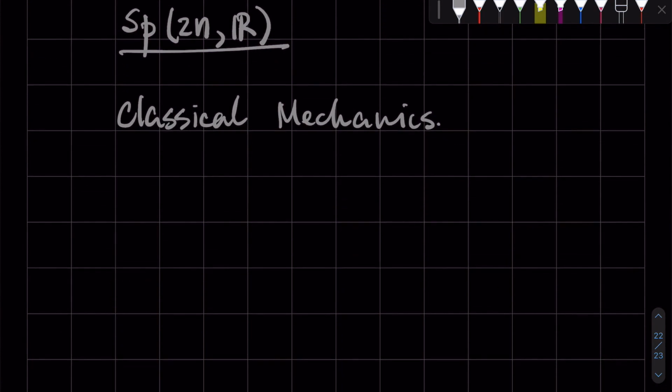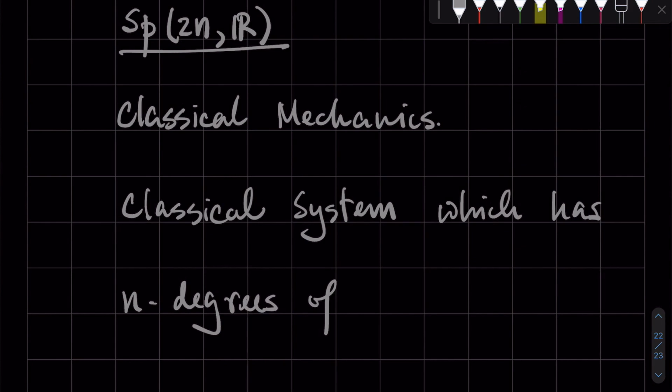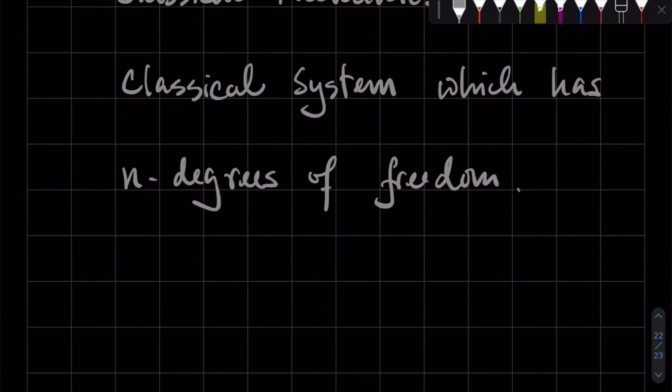Now, in classical mechanics, remember that if we have a classical system which has n degrees of freedom, so what do I mean by n degrees of freedom?